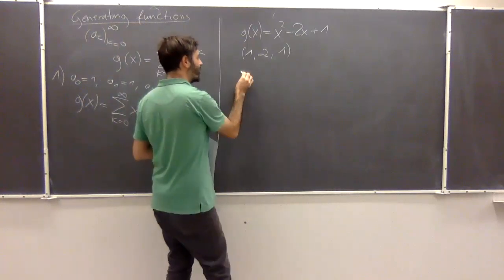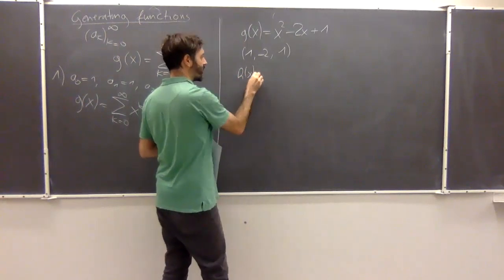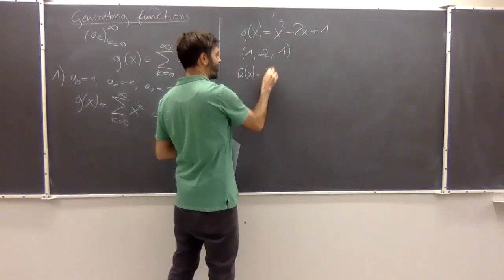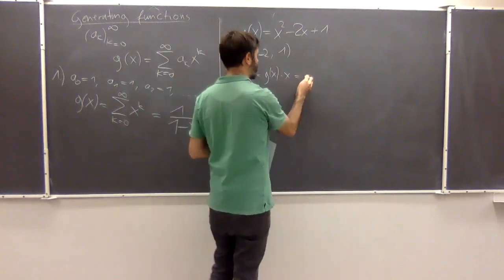If I define a new function h of x as g of x times x, what is that?